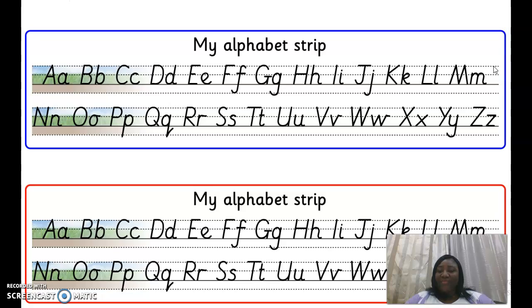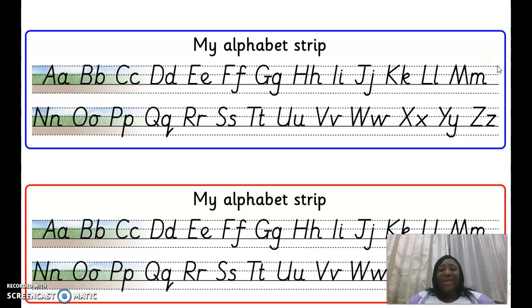Count with me. 1, 2, 3, 4. So when you look at all the letters on your strip that you'll be needing today to do your work, all your writing starts from the top line.